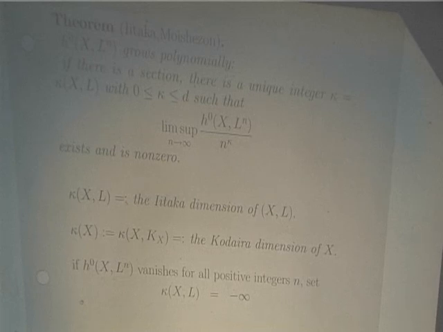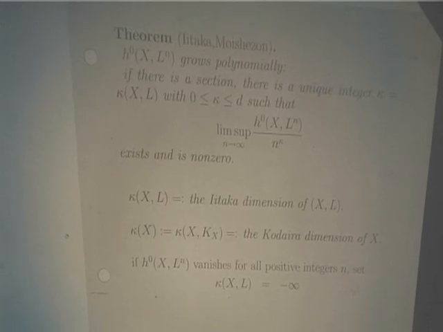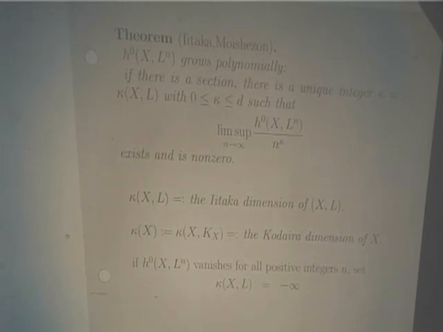So the theorem says that if you have an algebraic variety X and you have a line bundle, then sections of powers of that line bundle, I hope you can read up there, little h is the dimension of the space of sections. Then the dimension of the space of sections grows polynomially.